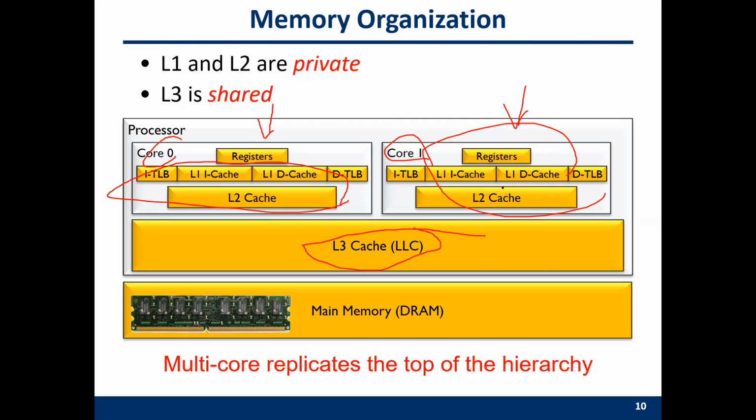The L1 and L2 caches on core 1 are not large enough for the application. If these parts are private, then even though the other cache is idle, the application running on core 1 cannot use it.